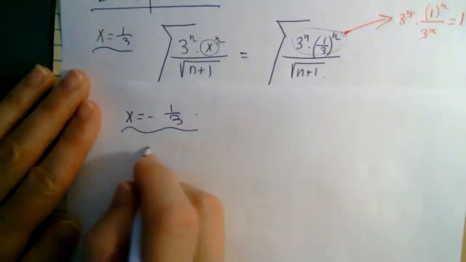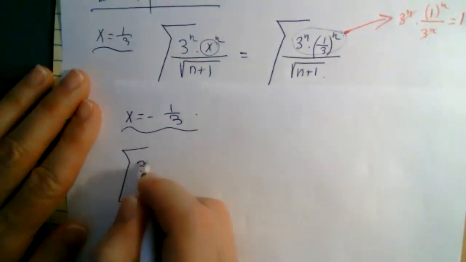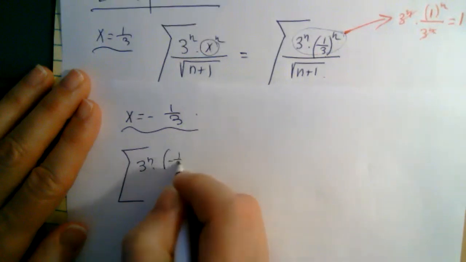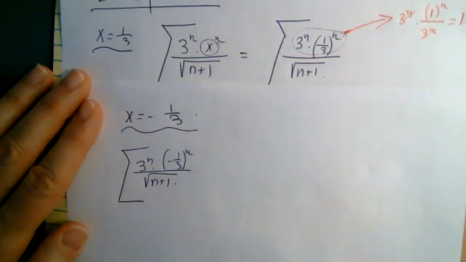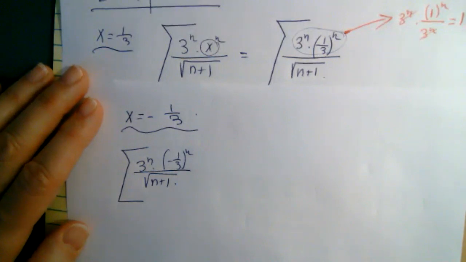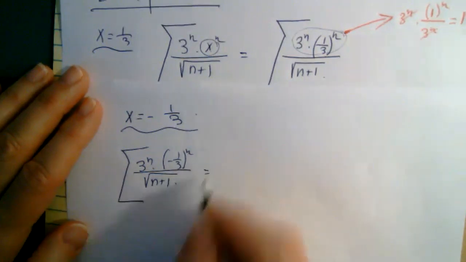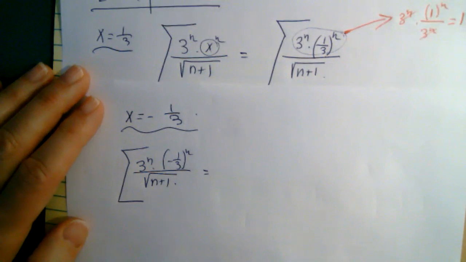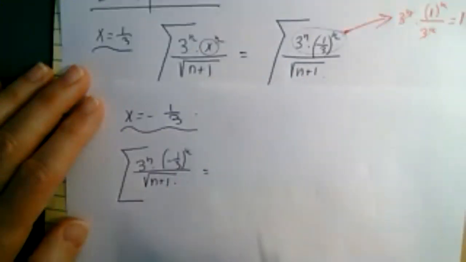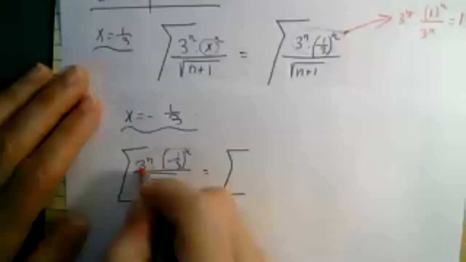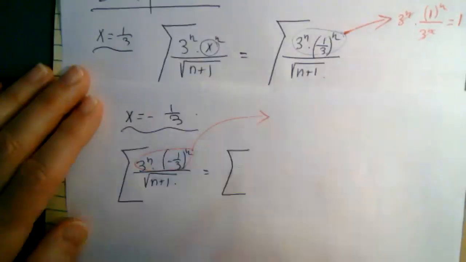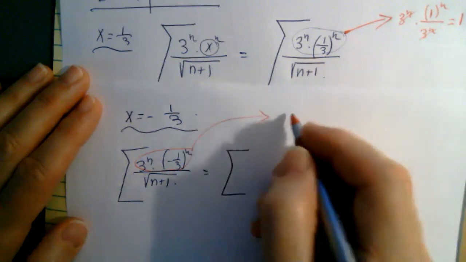Again, I'm going to plug -1/3 into the expression of the series and see what we get. At this stage, algebra is in order because this is really a nightmare expression. So the numerator now, that's where the mess is. Let me take care of it. So what will I have?